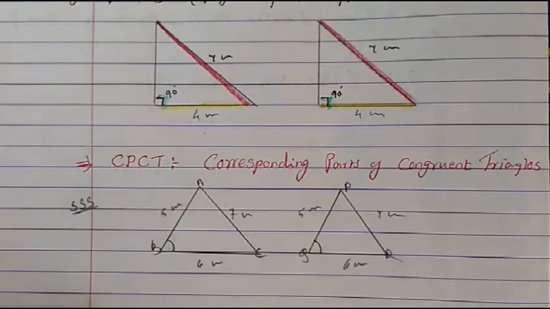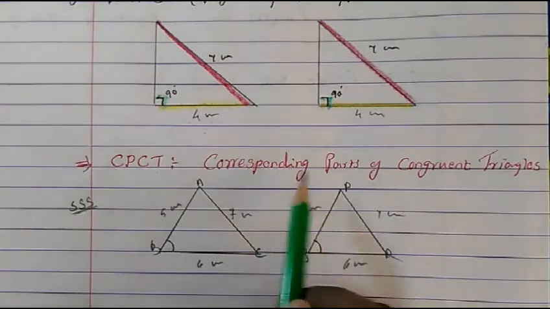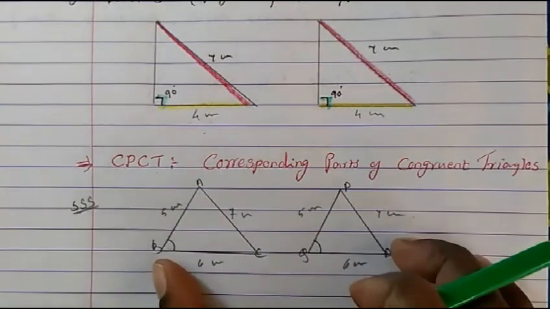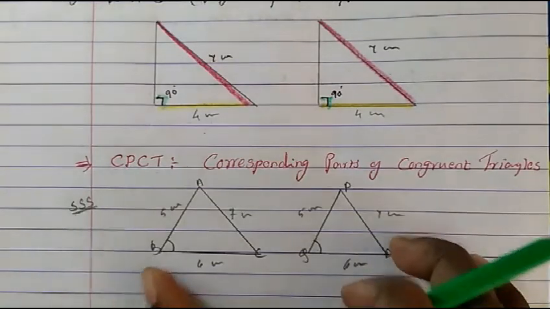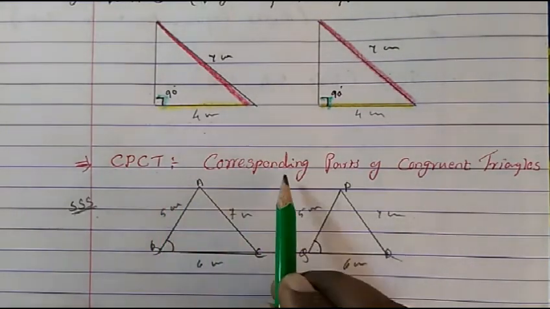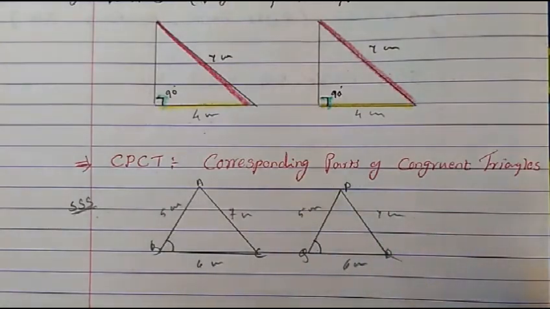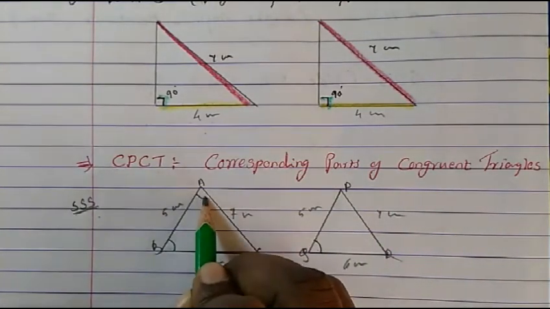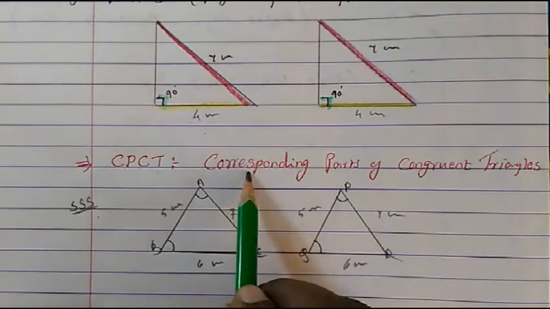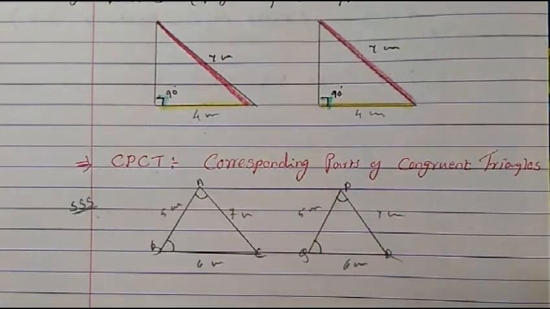By CPCT, corresponding parts of congruent triangles. Because both the triangles are same to same by SSS, all the remaining parts also become the same by CPCT. So you can say angle A will be equal to angle P, by corresponding parts of congruent triangles.